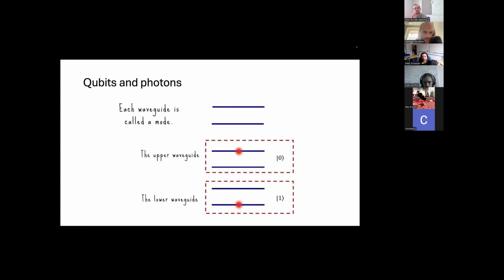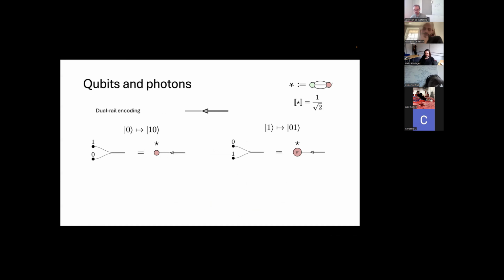Here we have two waveguides, or two modes, two possible degrees of freedom of the photon, and we define the ket 0 state to be just a photon present in the top waveguide, and the ket 1 state to be a photon present in the bottom waveguide.